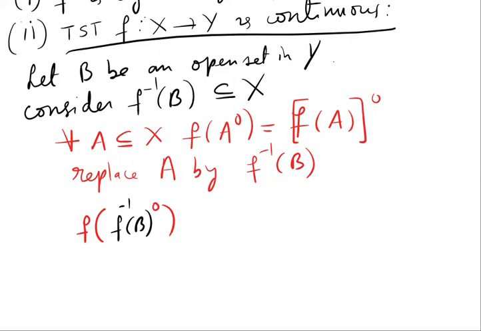That is equal to, on the RHS, in the place of A, I put one bracket here, and there is one more bracket, interior as it is. In the place of A, I'm putting F inverse B.